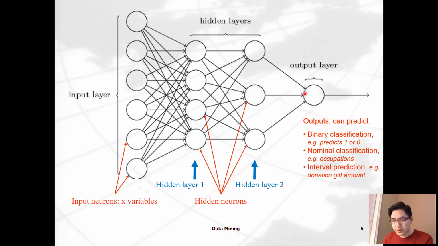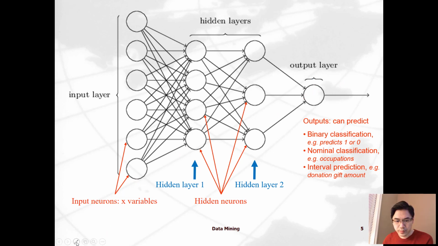This output layer will predict the probability that the target variable will take the value of 1, and if that probability is greater than 0.5, then it's more than a 50% chance that the target variable will be 1, so the prediction will become 1.